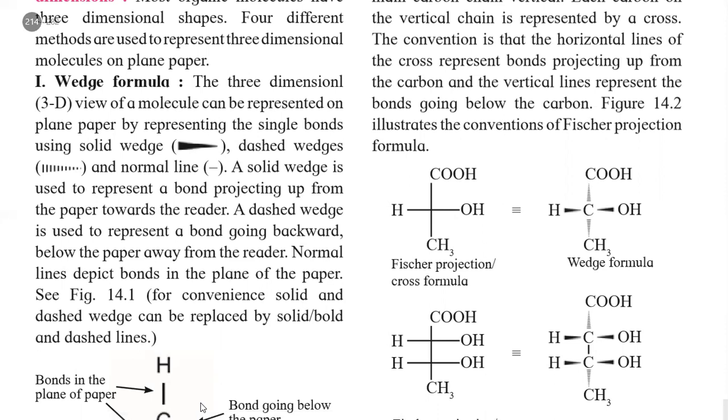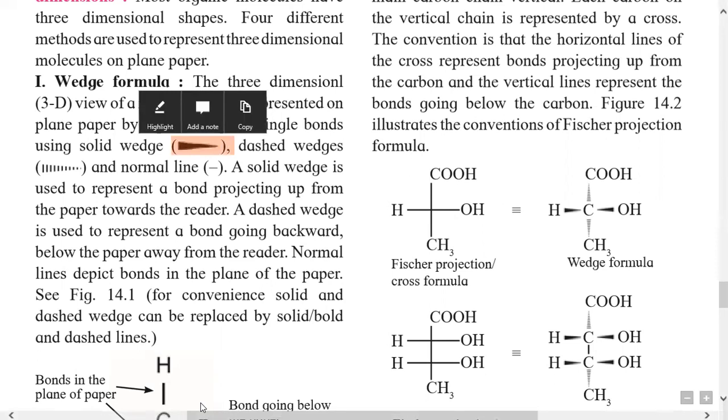Again, I will repeat. This solid wedge indicates the group which is coming out, above the plane. A dashed wedge indicates the group which is below the plane, and a normal line indicates the groups or atoms that are in the plane.